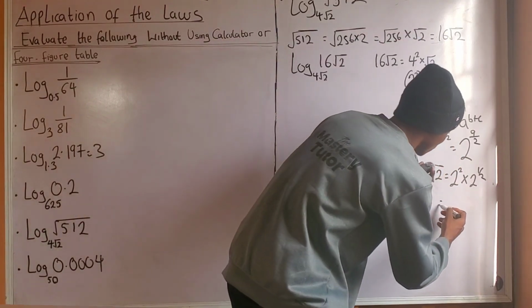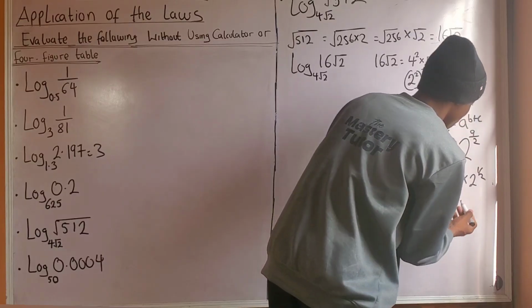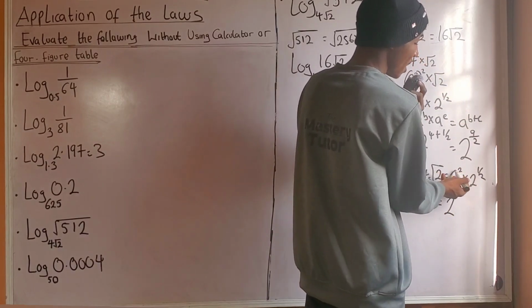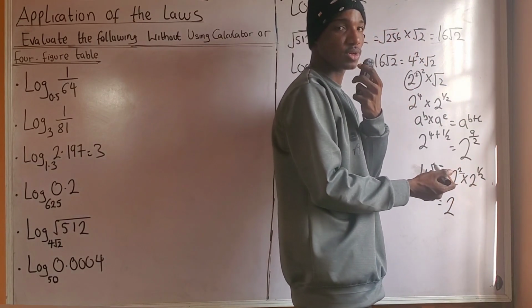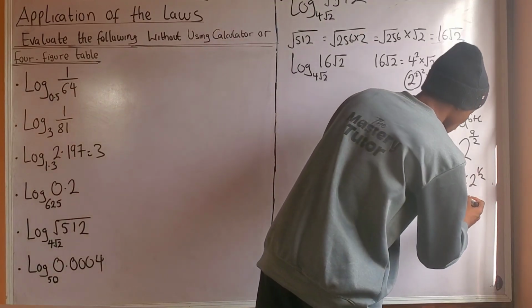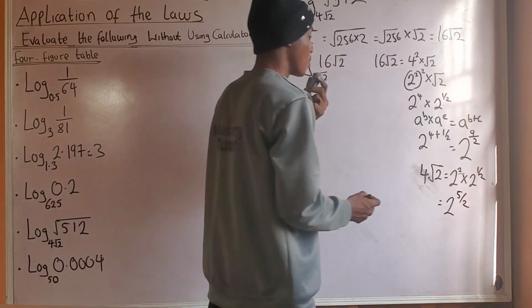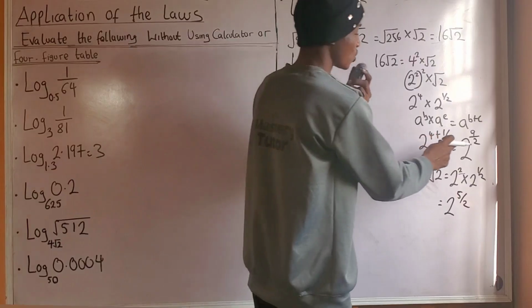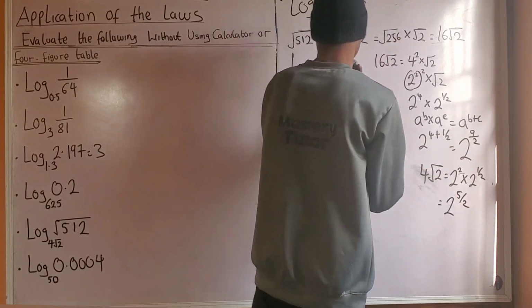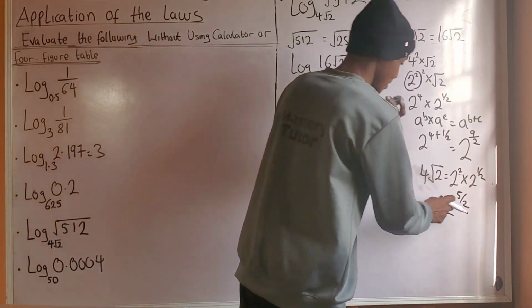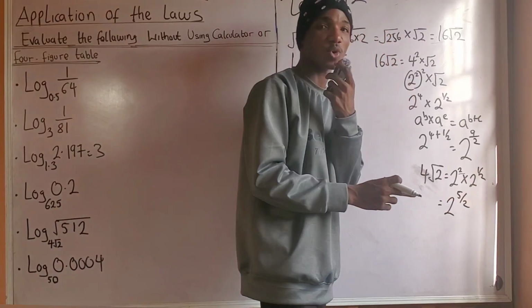So I'm going to have 2 raised to the power of, now, sum their powers: 2 plus 1 over 2. That is 5 over 2. So I'm going to replace 16 root 2 as 2 raised to the power of 9 over 2, and also 4 root 2 as 2 raised to the power of 5 over 2.